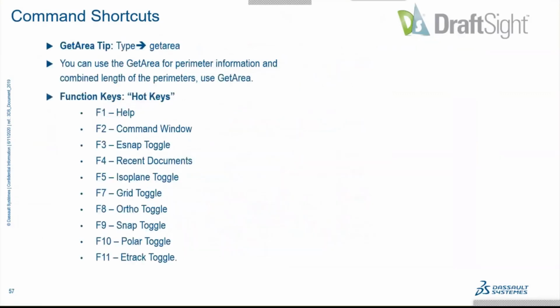So shortcuts. The other one I'll talk about is your function keys. Remember we were talking about hotkeys earlier. Those are here, just for review for you. I can get area of something by typing get area. That's a nice one. All your normal toggles are there for your F buttons. And remember the new one to you in DraftSight is F4, which is recent documents.